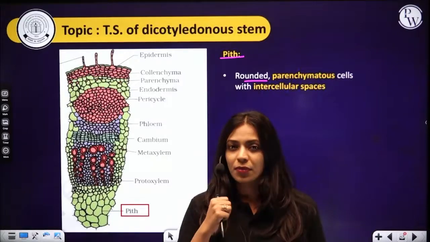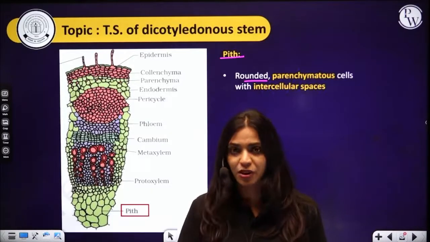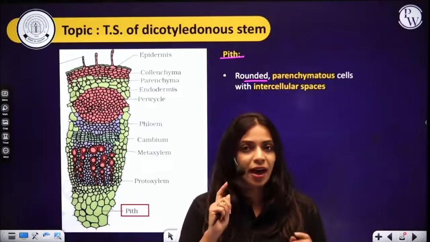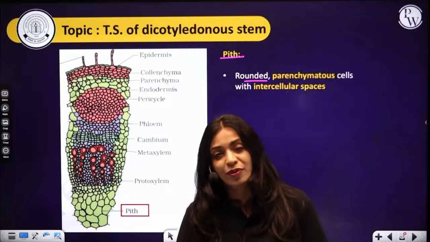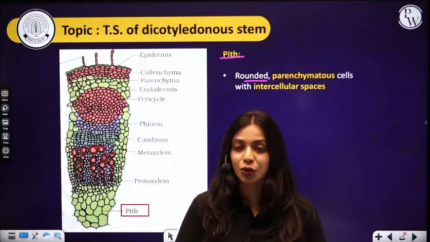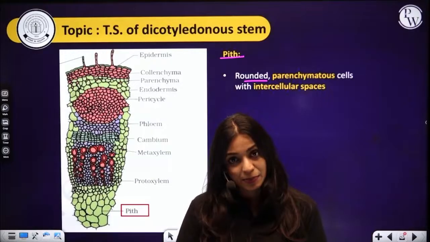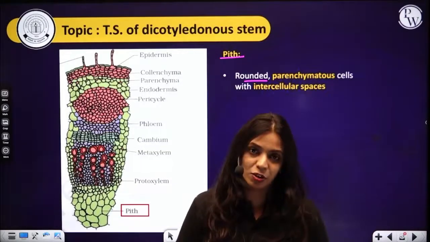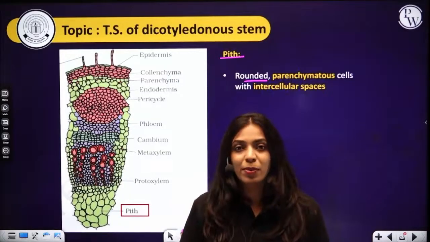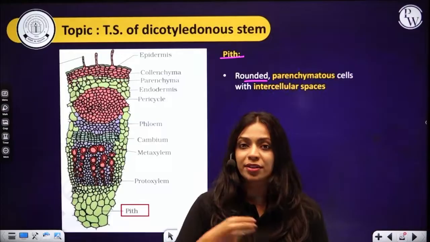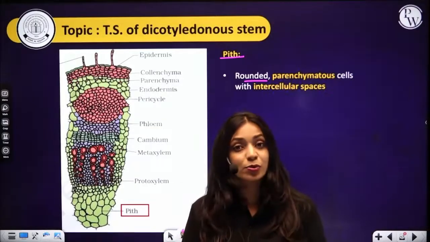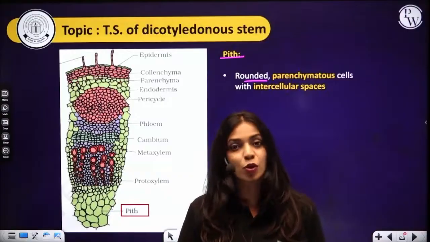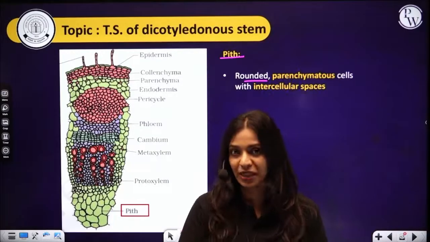Talking about the vascular bundles, they are found as conjoint open type, where xylem and phloem are together, and in between them there is a strip of cambium. Therefore, it is a conjoint open type of vascular bundle. In between the vascular bundles, you have parenchyma tissue radiating from the center, which we call medullary rays, and in the center of the stem, you can find parenchymatous tissue forming the pith.